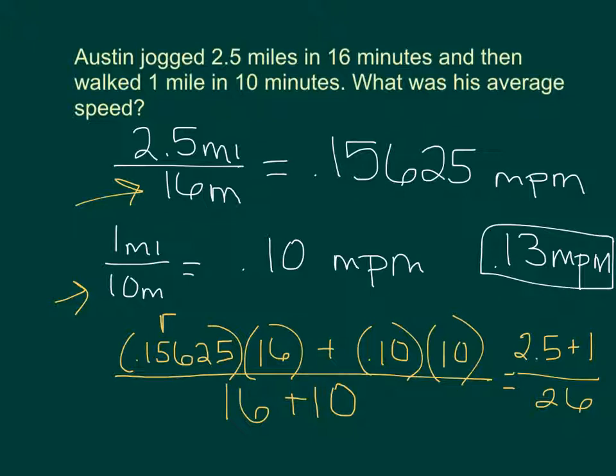Now, the reason we are doing the rate times the time plus the rate times the time and then dividing by the time is because that top half is your true distance of each number. So you have to find the distance and divide it by your total time. So your total distance divided by your total time.